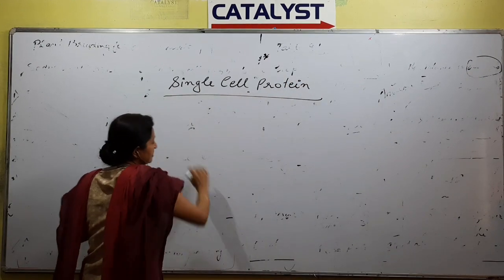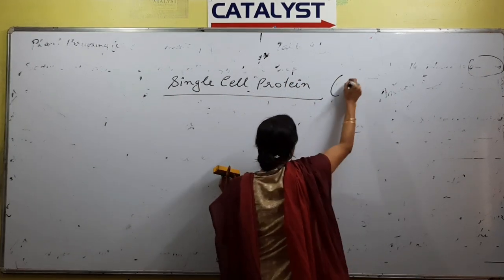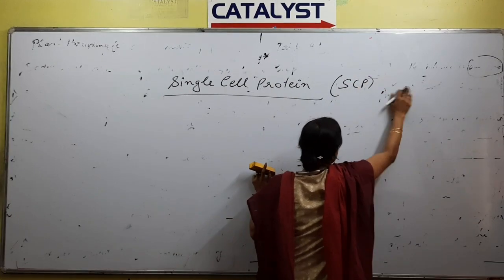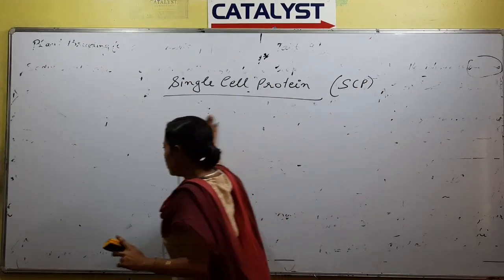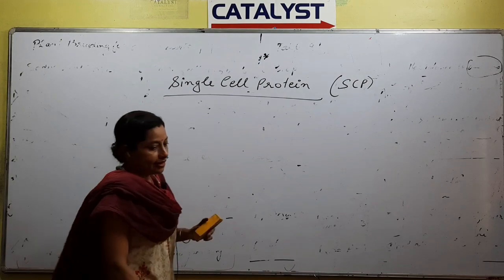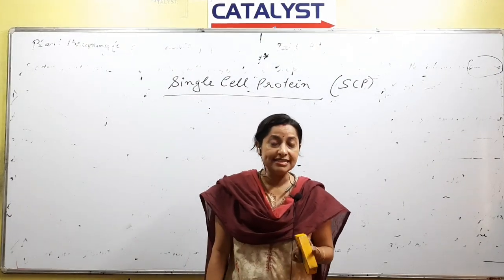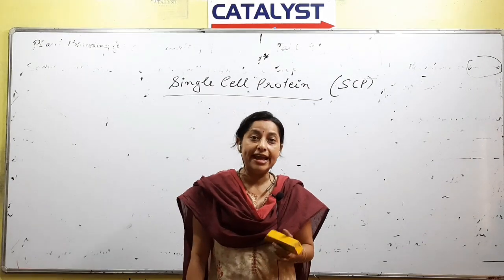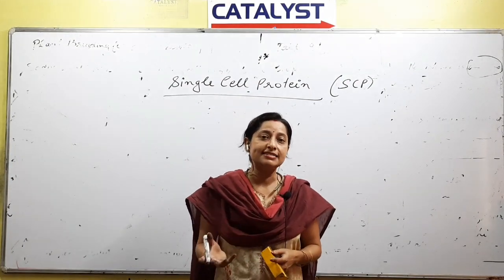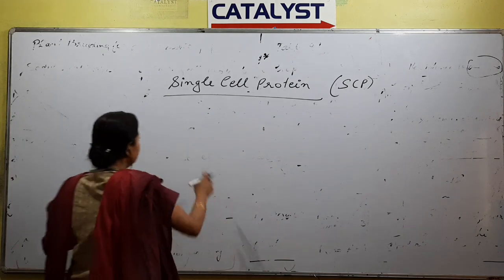Single cell protein is also called SCP. It is denoted by SCP. So what is a single cell protein? When we say single cell protein, what we understand is that there are certain microorganisms that we use as food, and these are considered single cell protein.